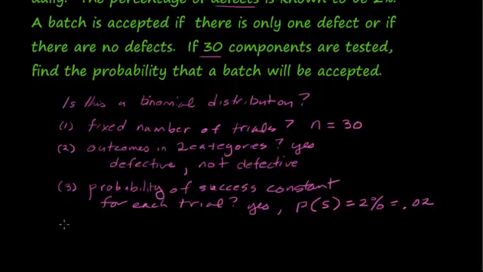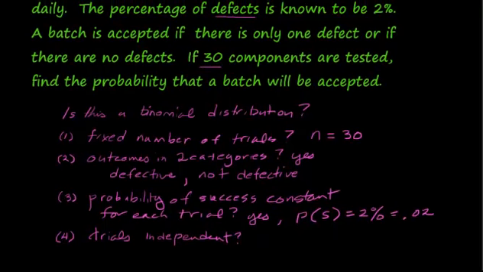And finally, are the trials independent? Well, if we were taking our 30 samples with replacement, we would immediately say yes. However, that's not how you would inspect a batch of components.